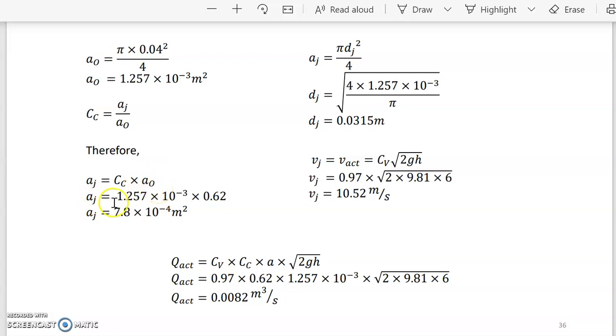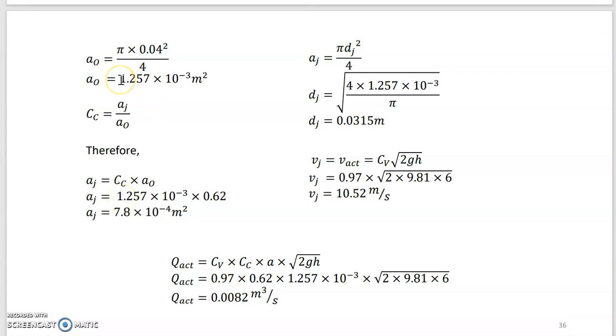So now we know that the area of the jet is CC times the area of the orifice. We put the area of the orifice 1.257 times the coefficient of contraction 0.62, so we get the area of the jet as 7.8 times 10 to the power of negative 4 square meters.